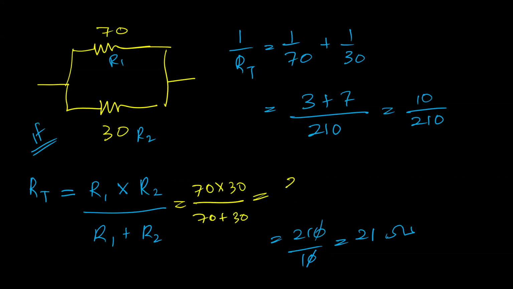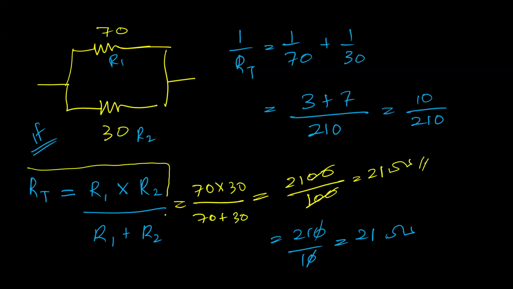What is the answer? 2100, because 7 into 3 is 21 and 2 zeros. 70 plus 30 is 100. 2 zeros cut, you got the answer 21. So you can keep it as the next short method to find the total resistance of two parallel and different resistors.